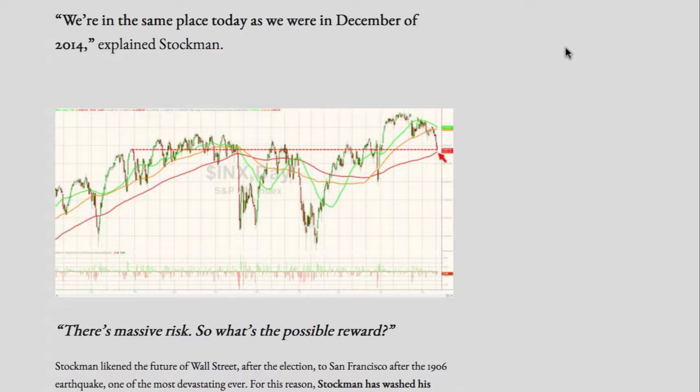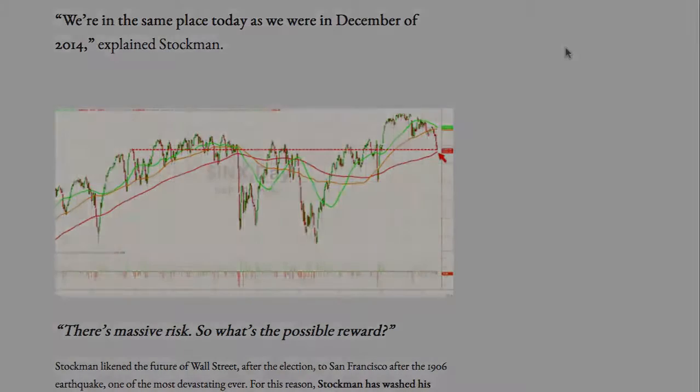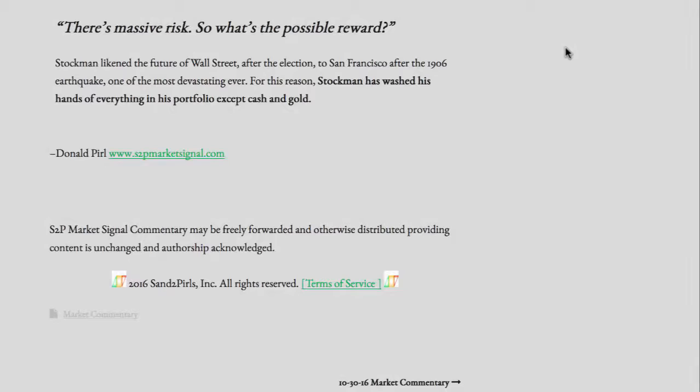There's massive risk. So what's the possible reward? Stockman likened the future of Wall Street after the election to San Francisco after the 1906 earthquake, one of the most devastating ever. For this reason, Stockman has washed his hands of everything in his portfolio, except cash and gold.